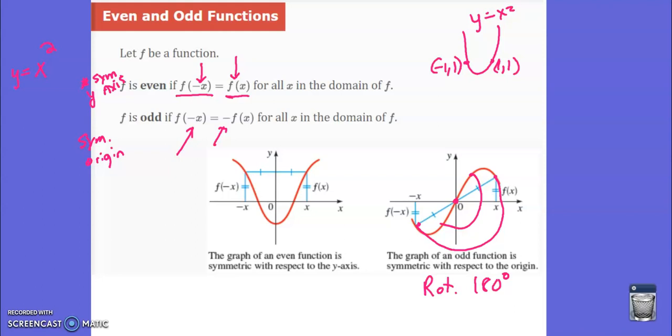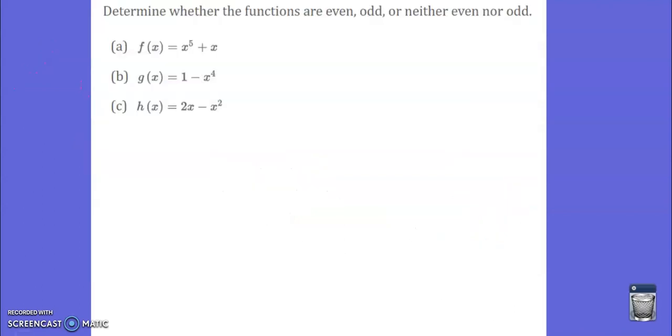Again, this is not about graphing right now. I just want to see if it's an even function or an odd function. So let's look at a couple examples. Determine whether the functions are even, odd, or neither. It may not be an even function, or it may not be an odd function.